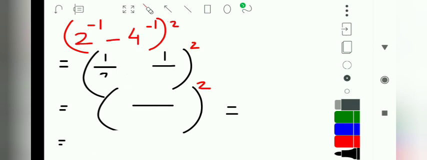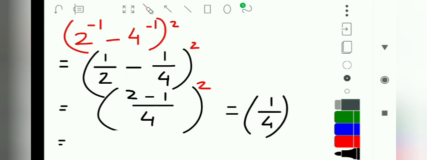Similarly, 2 inverse means 1 by 2 and 4 inverse means 1 by 4. After subtraction, it is 1 by 4 and there is a whole square. The numerator has a square and the denominator has a square separately.